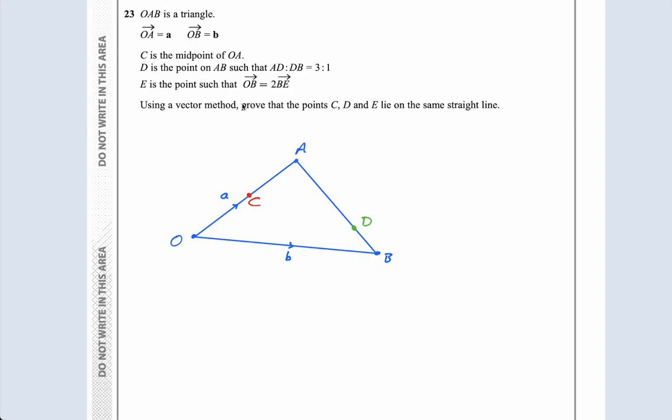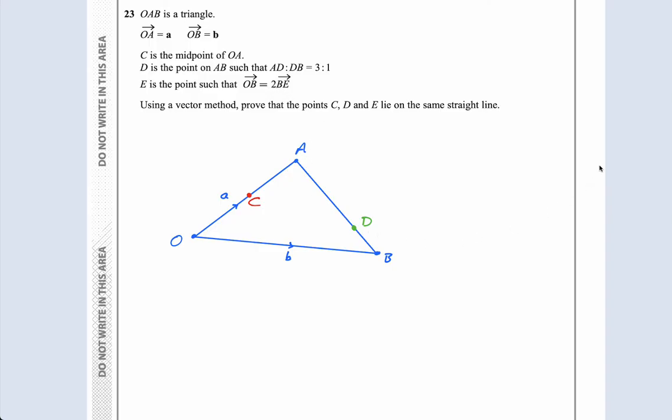E is the point on OB, so it's on this line, such that OB equals 2BE. Okay, so E is the point, sorry, it's not on this line, so let's just be careful here. E is the point such that OB equals 2BE.